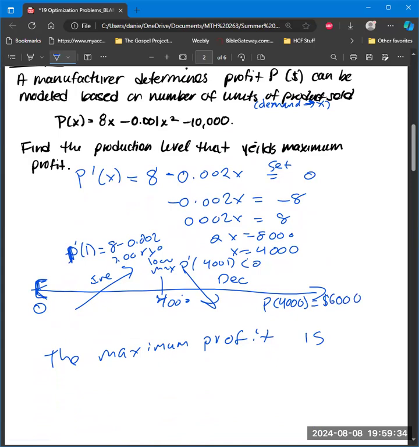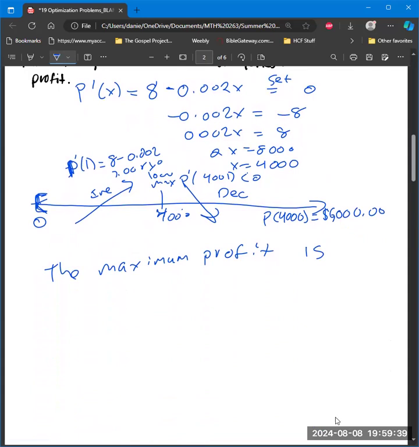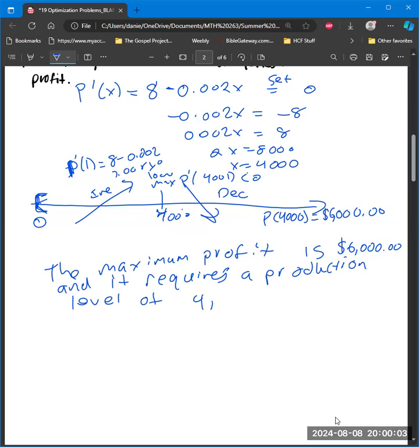Use your calculator to find that. And it requires a production level of 4,000 units. Okay.